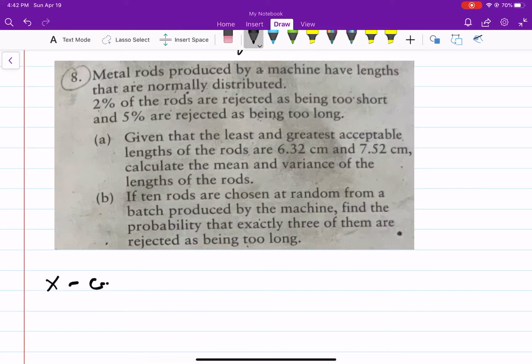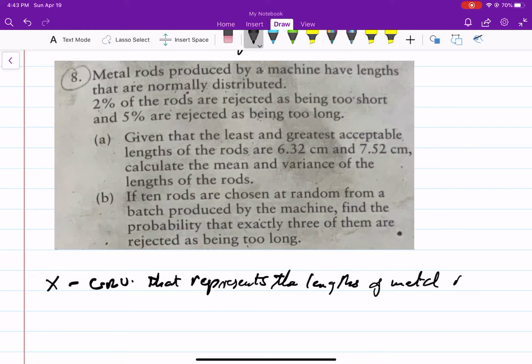X is a continuous random variable that represents the lengths of metal rods produced by a machine.